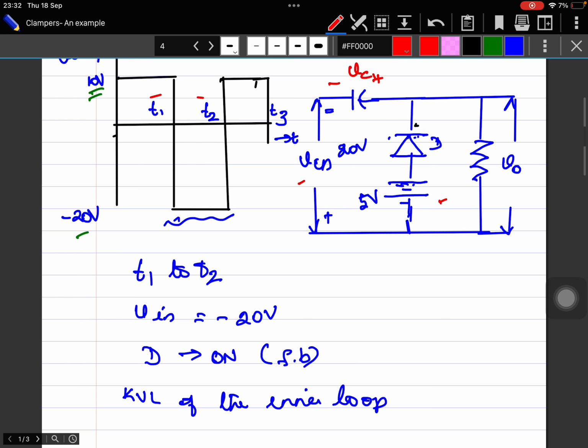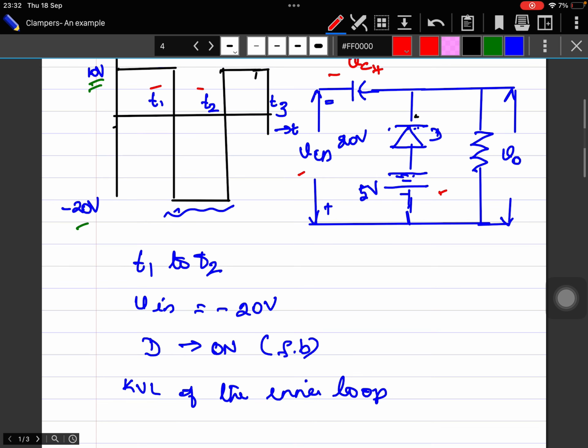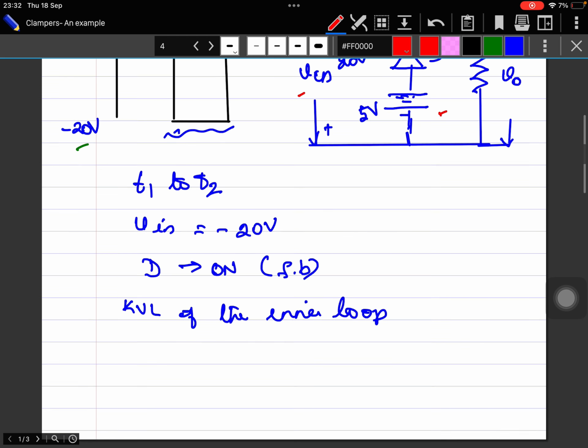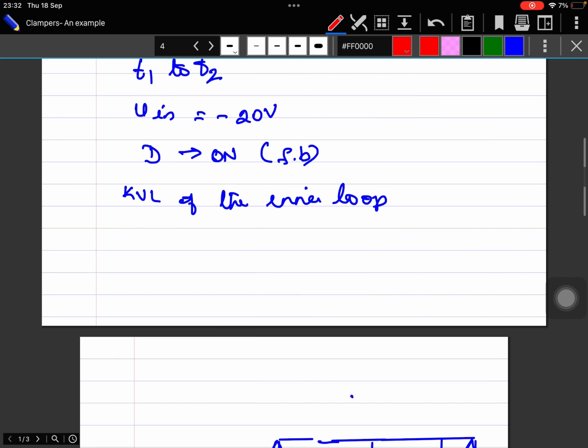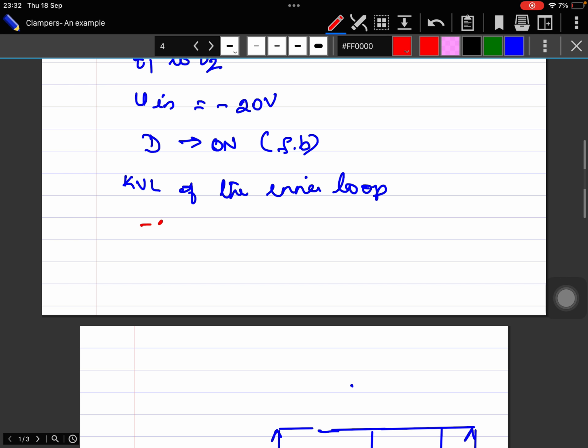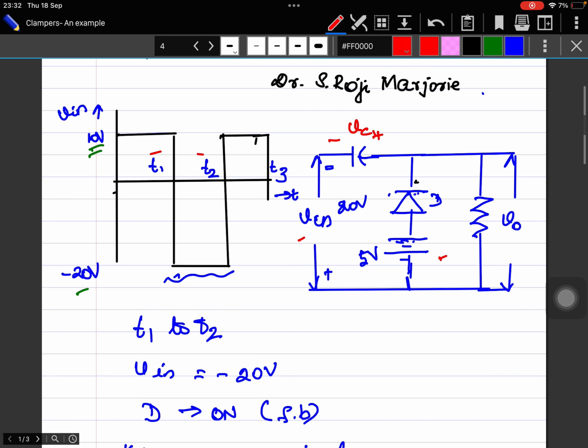The voltage across the diode D is neglected when compared with all these things. So Vin is 20 volts now, so I can write it as minus 20 volts plus Vc minus 5 volts is equal to 0. Therefore, what is Vc? Vc is equal to 25 volts. So this happens when the input voltage is at minus 20 volts.